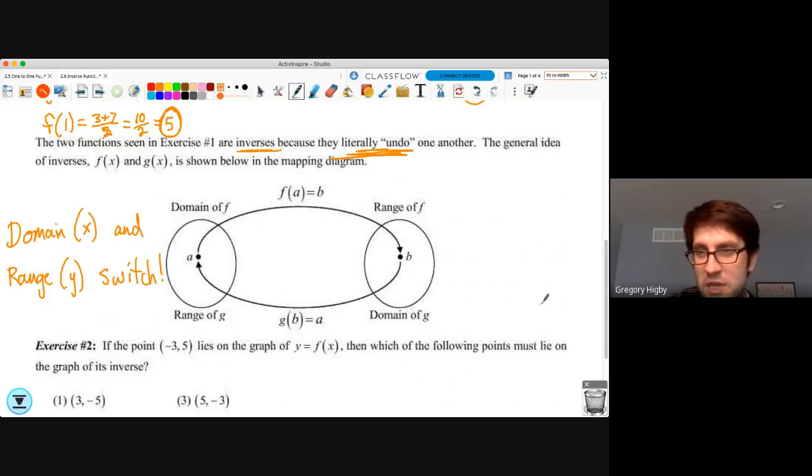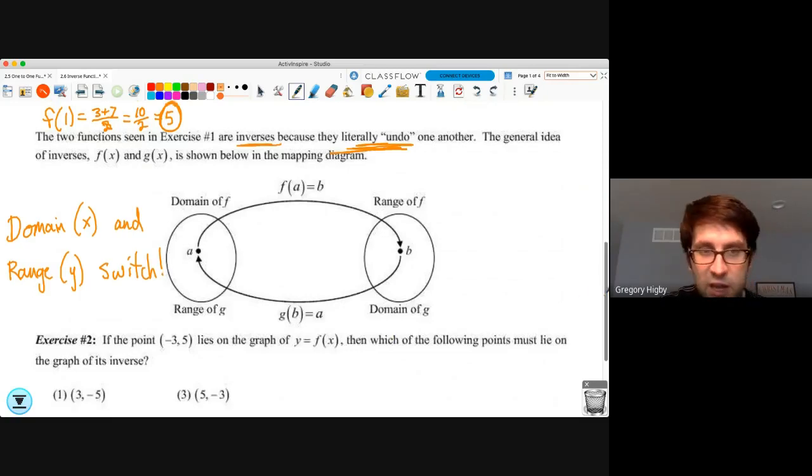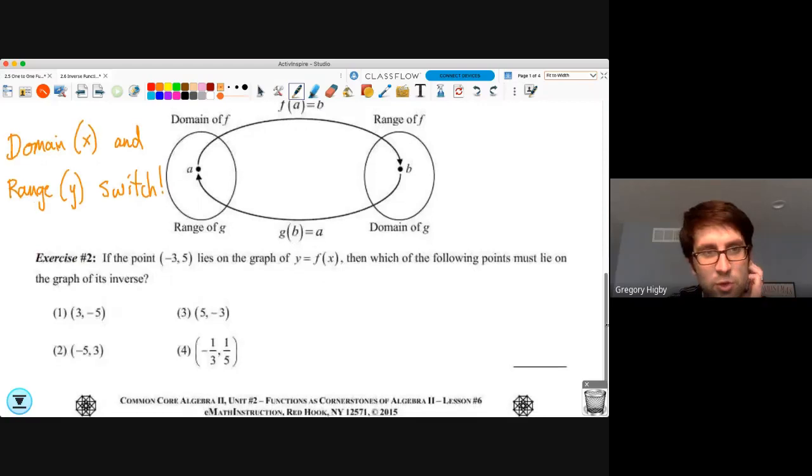And I'm not trying to make this sound super easy because it does get complicated. So as I'm looking at exercise 2, if the point (-3, 5), so -3 is the X coordinate, 5 is the Y coordinate, is on some graph, which of the following must lie on the graph of its inverse?